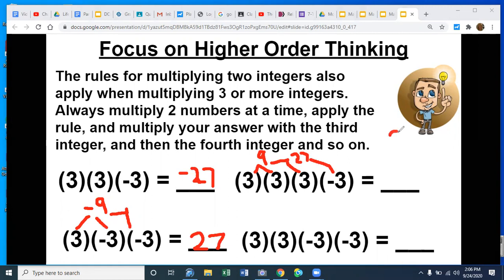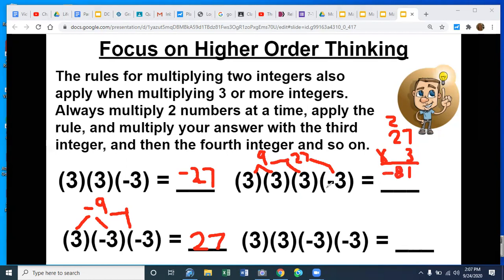So if you don't know what 27 times 3 is, do this vertically. That's what I'm going to do. So 3 times 7 here is 21. Put down the 1 and carry the 2. 2 times 3 is 6, plus 2 is 8. And remember, we decided it was going to get the negative sign because we had a positive and a negative.